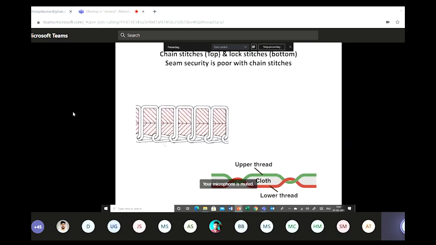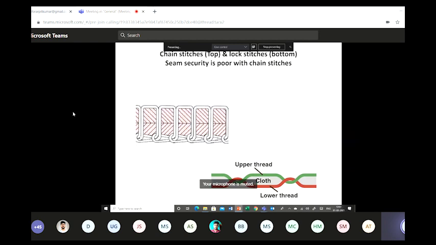In the case of chain stitch, a thread, after entering, forms a loop, then it comes out. The same thread in the next cycle of stitching enters with the help of the needle, and it has to form a big loop.